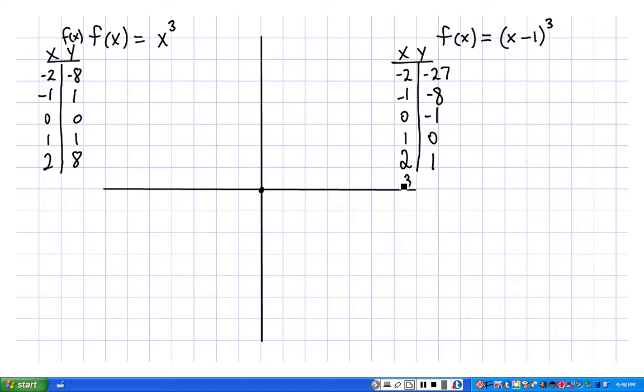And let's say if I put a 3 here, 3 minus 1 is 2, 2 to the third, +8.